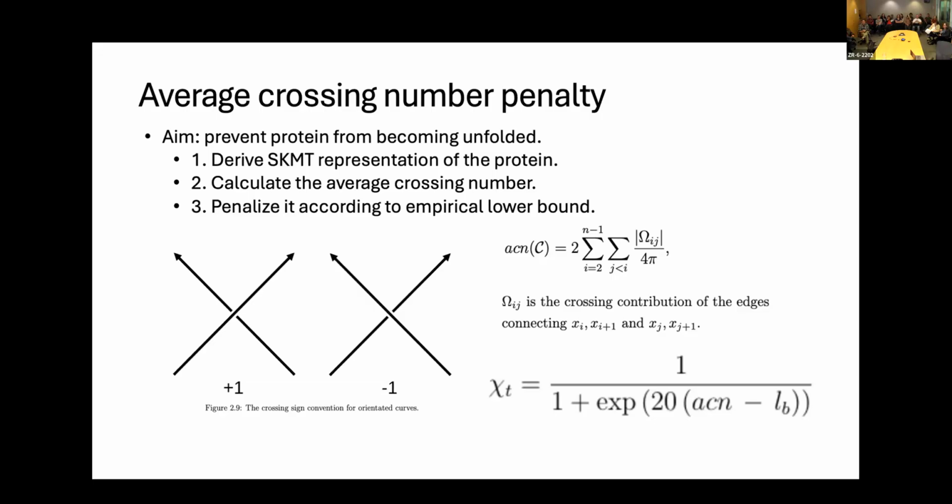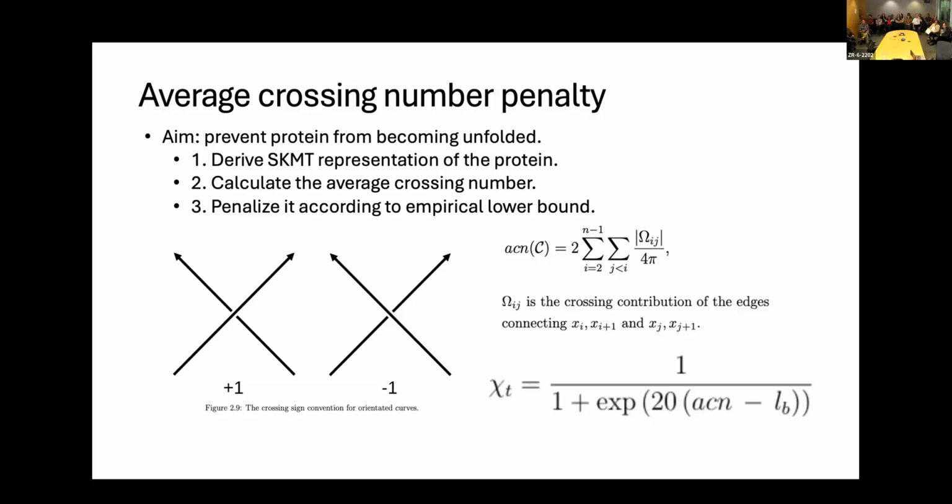So go ahead. Yeah, so this just simplifies the calculation, provides basically a piecewise linear segment of the protein. And then we calculate the average crossing number, which is given by that formula. So the omega ij is just the crossing contribution of edges between two edges.